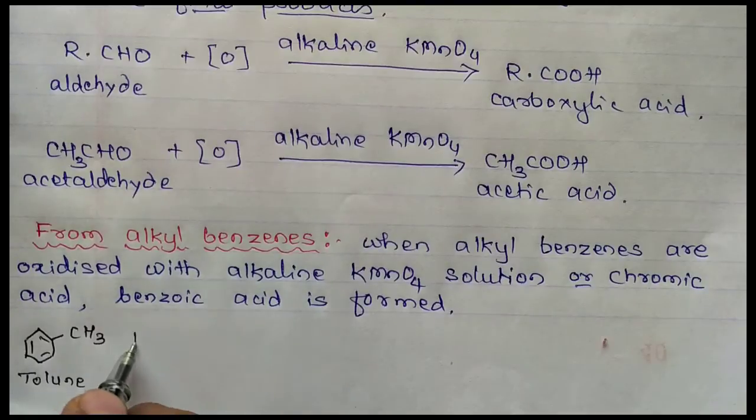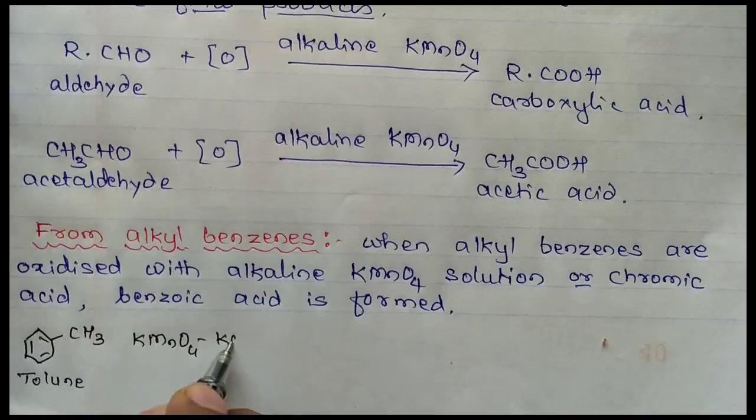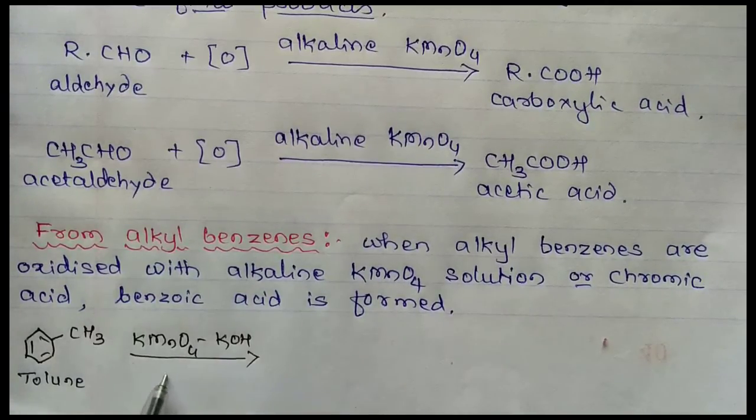On oxidation with alkaline KMnO4, a small amount of KOH is added, which is known as alkaline potassium permanganate solution.